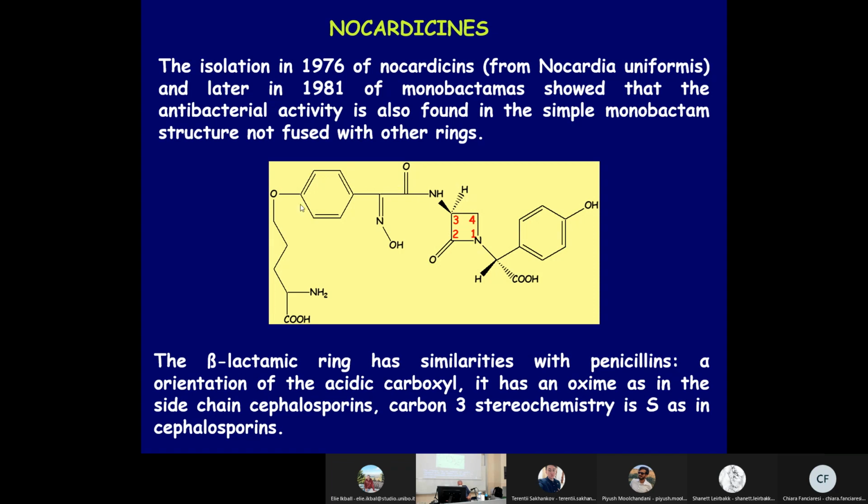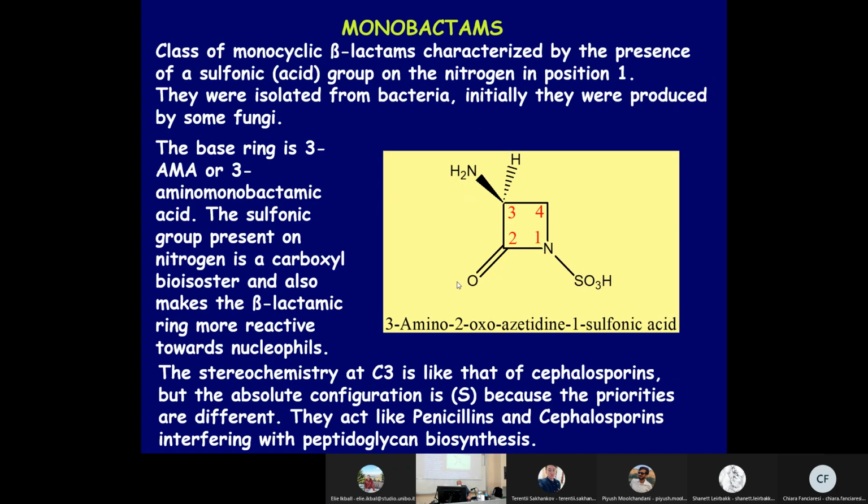Once again, you see the side chain, oxime group. We have already seen these chemical features. And you see also the acidic group. Starting from this molecule, a new class of non-classical beta-lactams was developed.